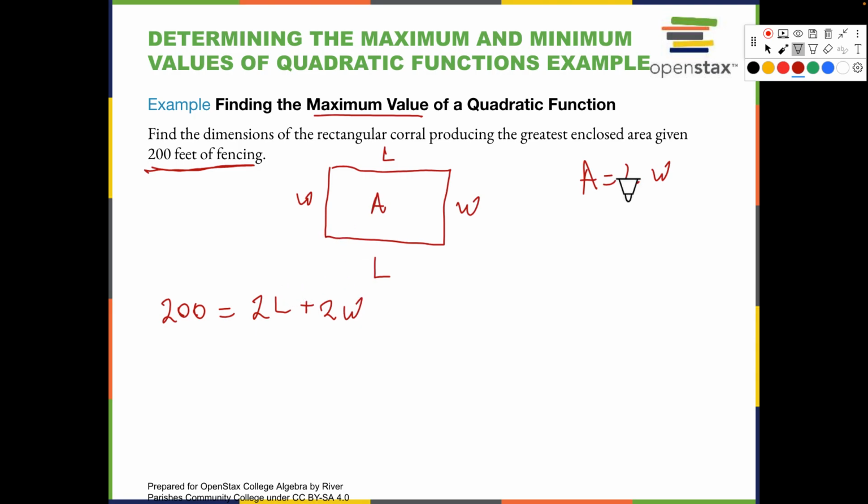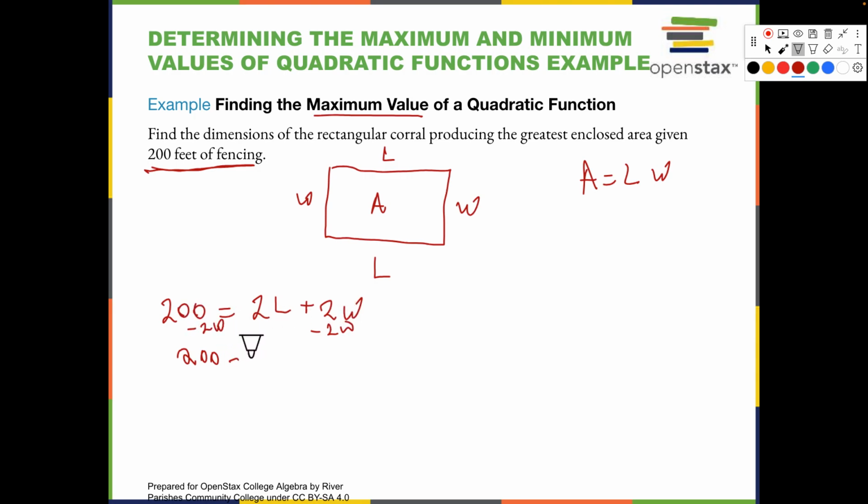What that's going to allow us to do is solve it for either L or W, and that will get us down to one variable in our area formula. Doesn't really matter which one. Maybe let's solve for L. So we subtract 2W from both sides.